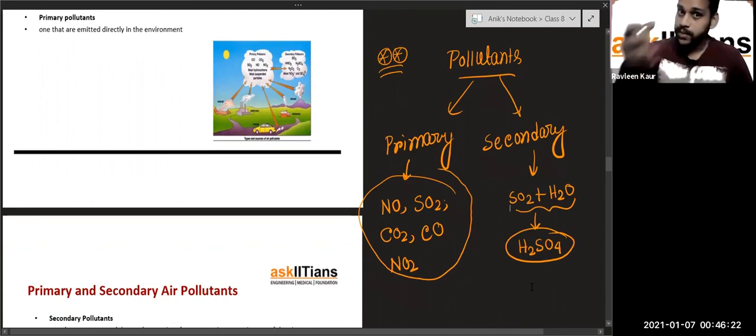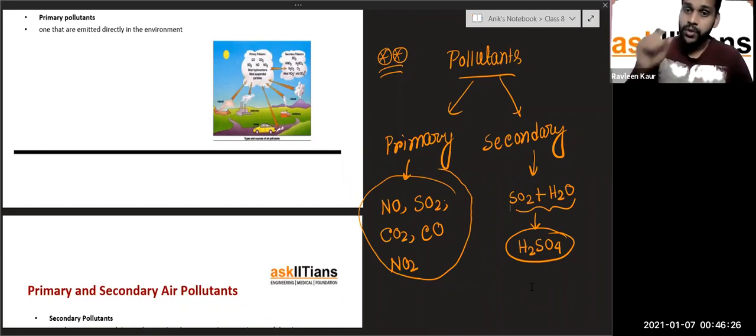This is acid rain only. We are going to discuss it in detail later on. Right now, what I'm trying to tell you is that this SO2 is directly harming the air, which is a very good point. But apart from that, this SO2 is also getting mixed with water. Together they make H2SO4, which is also harming the water, coming down as rain, and harming us in a different way. So one SO2 is doing two different things.